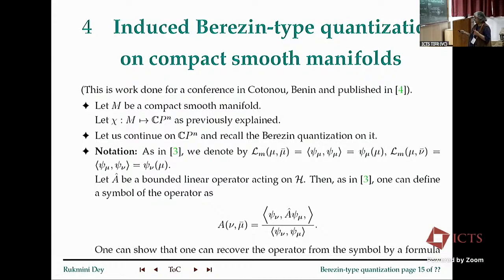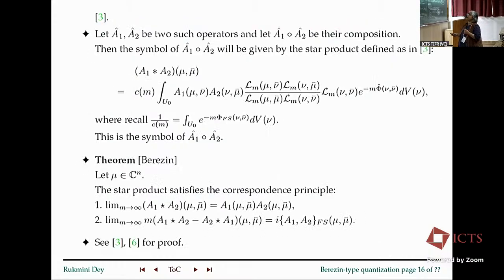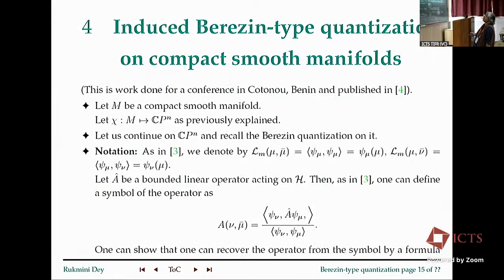And on these, he defines the star product. So in CPN, this star product just looks like this. Just to be in keeping with his notation, I have kept it as L_M mu bar, as he uses in Berezin's paper. So that's why I kept that notation.